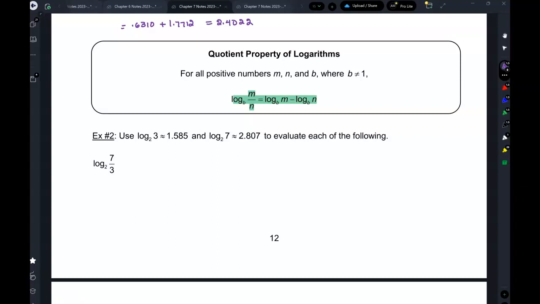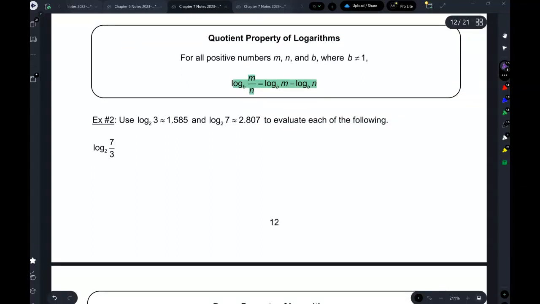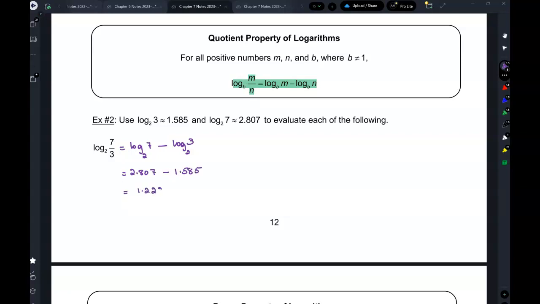I need to find log base 2 of 7 over 3. If there is a division here, I have to subtract. So give each its own log, and then minus log base 2 of 3. If I'm dividing, then I subtract. Now plugging it in, log of 7 is 2.807 minus 1.585, together 1.222.